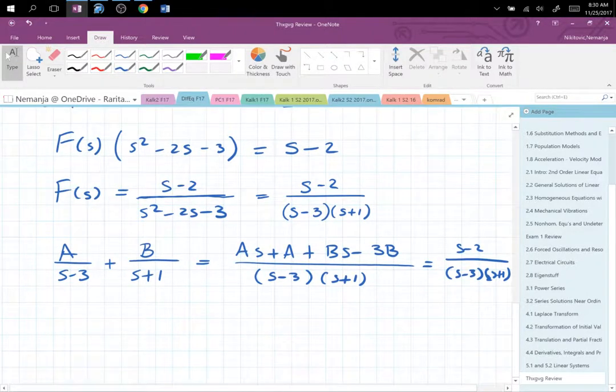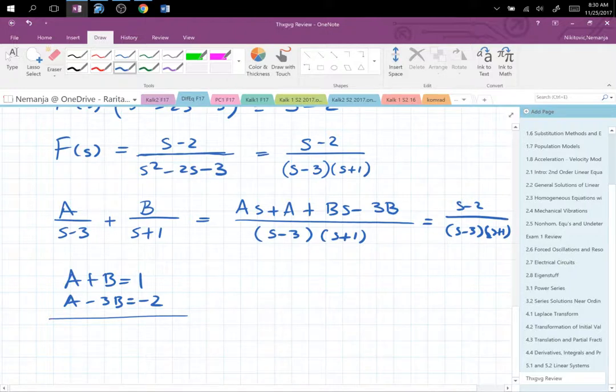So now we have the equations A plus B is equal to 1 and A minus 3B is equal to negative 2.